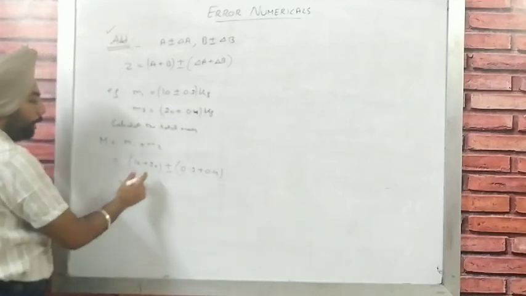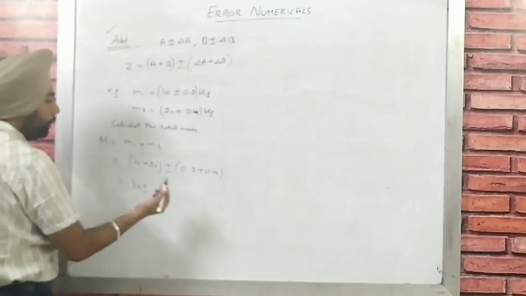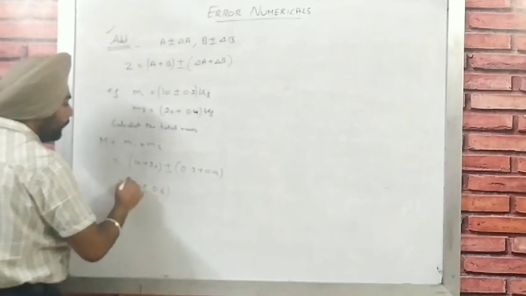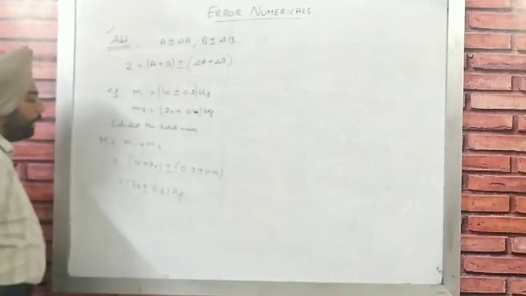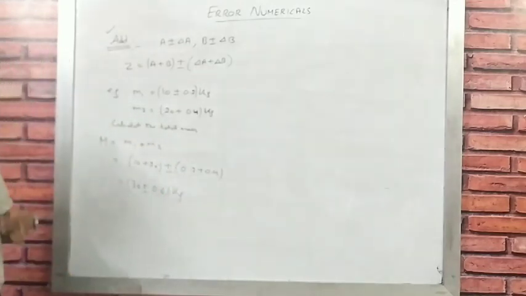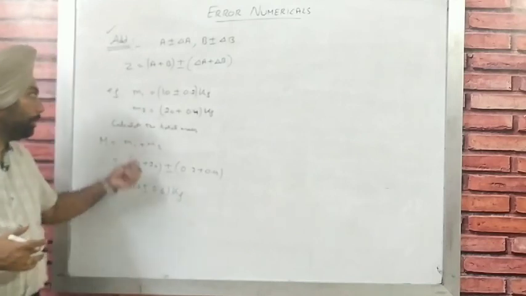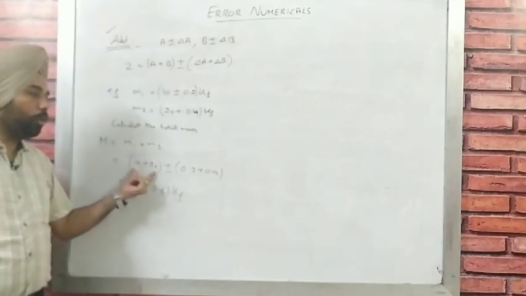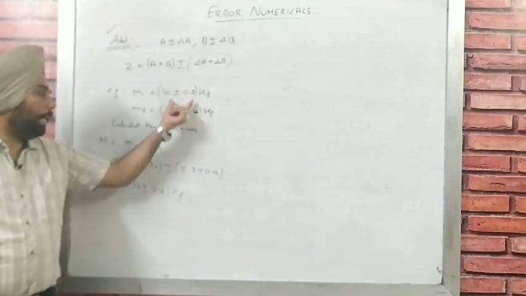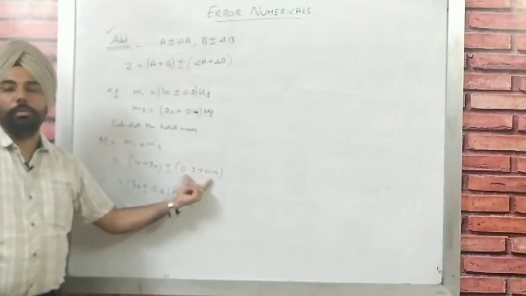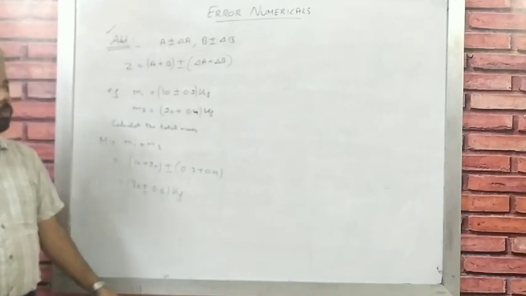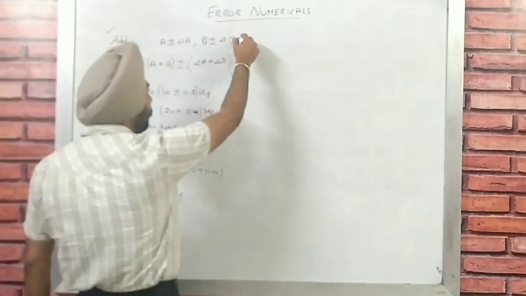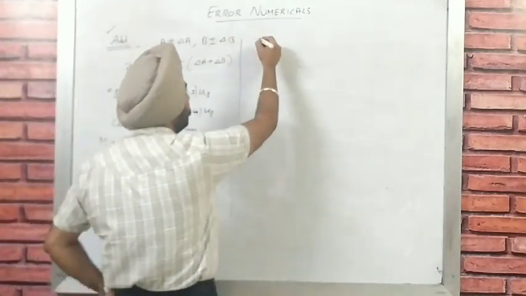So the answer is going to be 30 plus minus 0.6 kg, and that is your answer. If you want to add some absolute errors and true values, just add true value in true value and absolute error in absolute error values. It is going to be very simple for you. Now we are going for the subtraction sum.